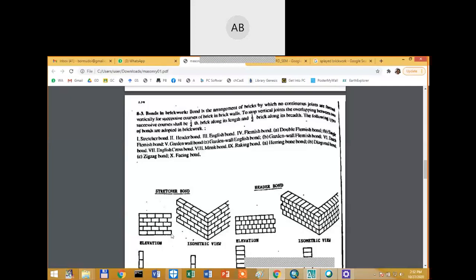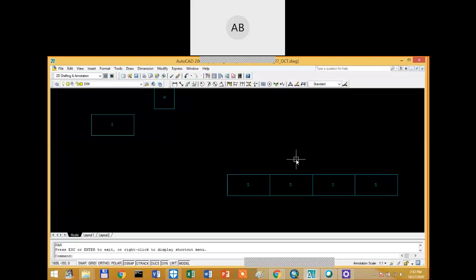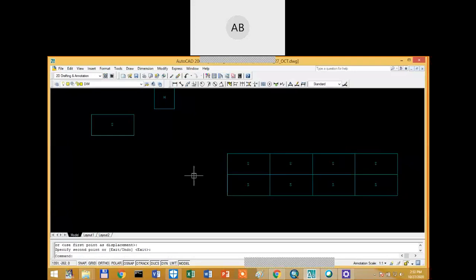Can you see the cursor in the elevation? It says in the elevation, you should be careful that no continuous joints are formed vertically for successive courses of bricks. That means if you copy the second course simply over the other like this, it says you should not do it.